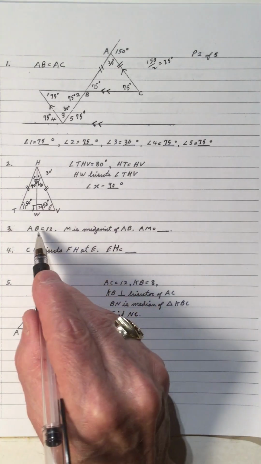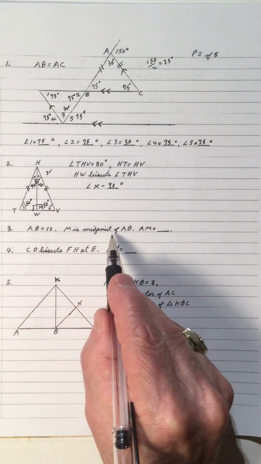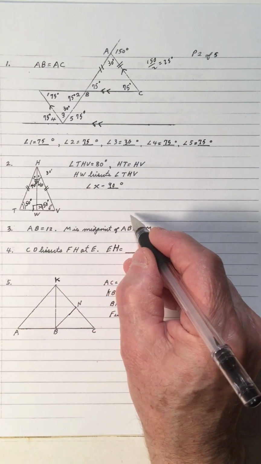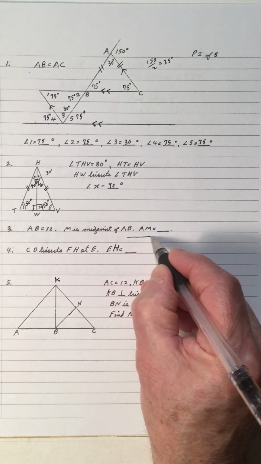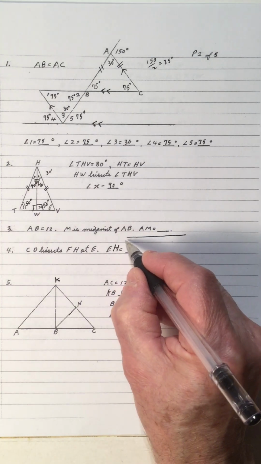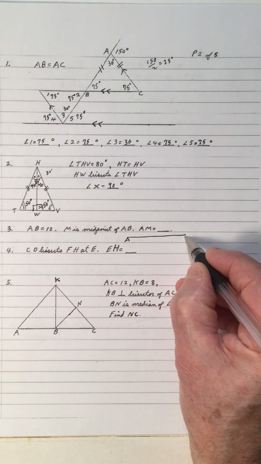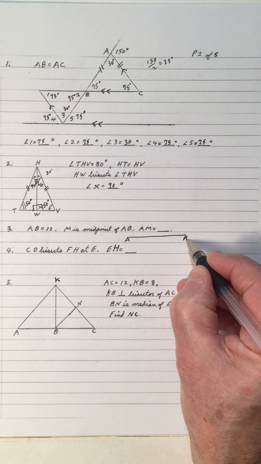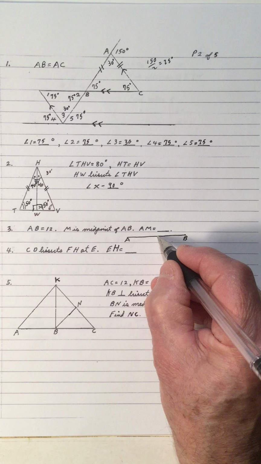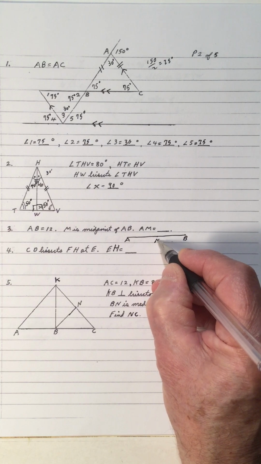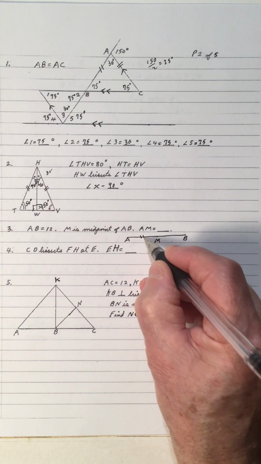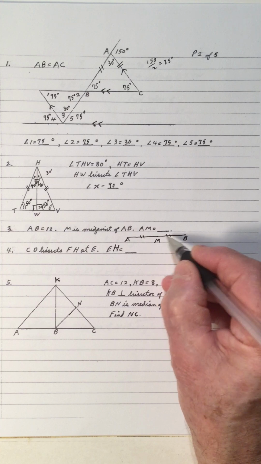Number 3, AB is 12, M is the midpoint of AB. Let's draw this. If AB is a segment 12 units long, M is the midpoint, in the middle, which means that MA equals MB.